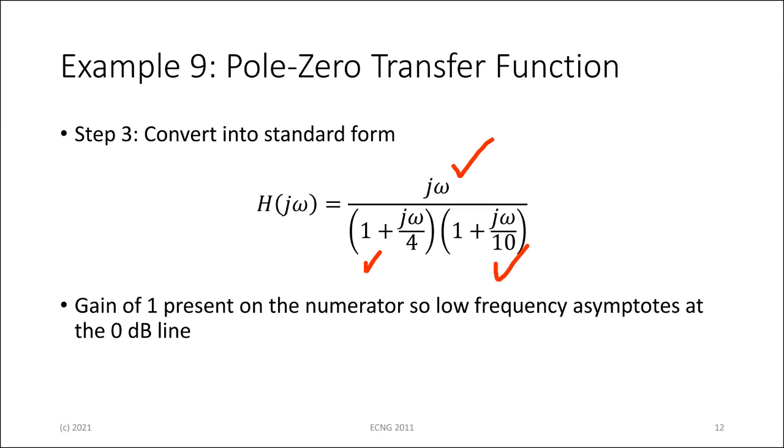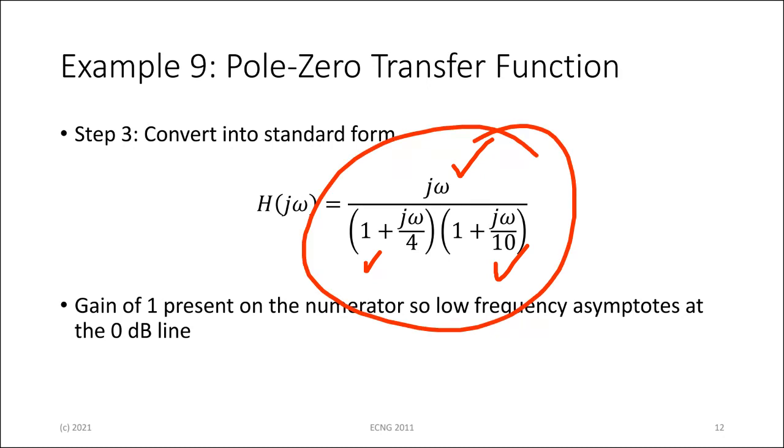You get a piece of paper, and you draw how the thing is behaving in terms of each of these components. So the next step is to draw the magnitude, which is to convert everything to dB. And the great thing about logs is that when you convert this entire thing to dB, it's going to be 20 log of this, minus 20 log of this, minus 20 log of that.